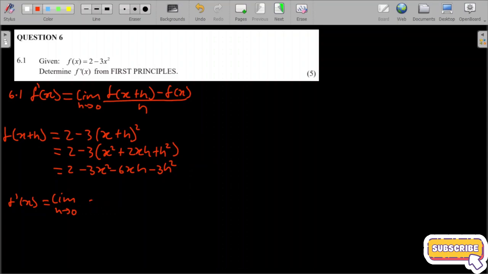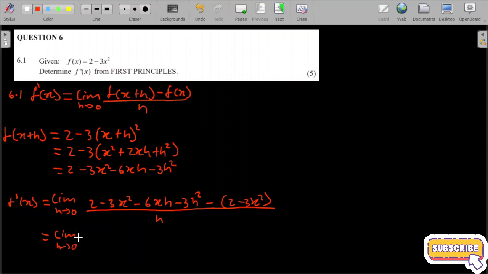So we are going to have 2 minus 3x squared minus 6xh minus 3h squared, and then minus my f(x), which is 2 minus 3x squared, and then all over h, with the limit as h approaches 0.